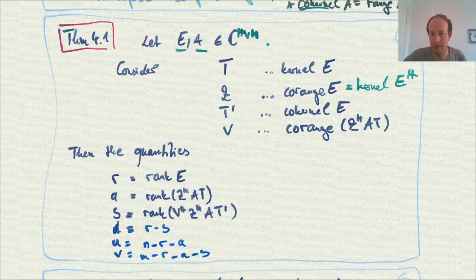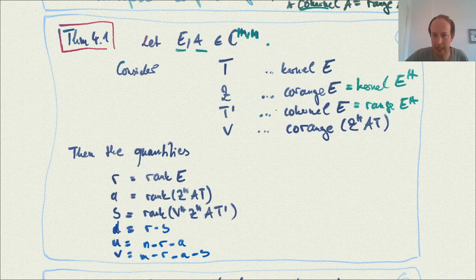We say that T is the basis of this kernel. Then of course we can complete this, and in this case this completion can even be the co-kernel of that, so the range of EH. One can show that the co-kernel and the kernel complete each other, so that this can be the T and this can be the T dash.